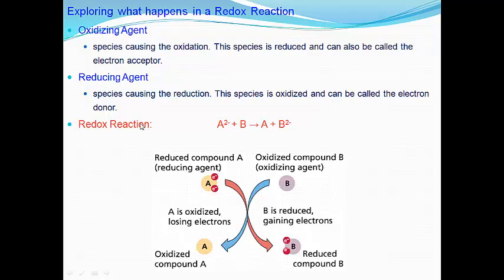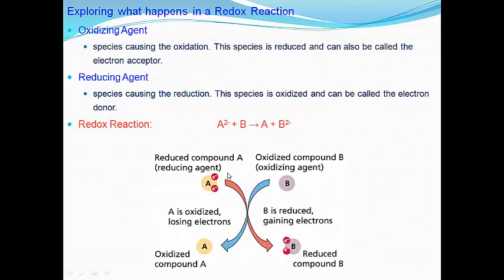And so we can typify a redox reaction using this equation. Here we have A2 minus plus B to give us A plus B2 minus, where A2 minus is our reduced species, and it loses electrons to become oxidized to form our oxidized species. And then we have B, which is our oxidized species, which gains electrons to become reduced to form our reduced species.